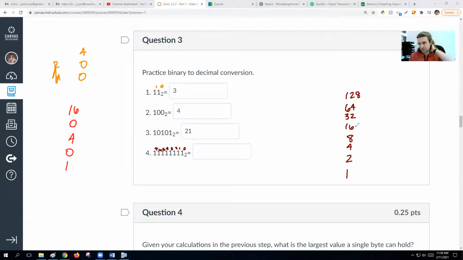So let's see, how much would that all be? 128 plus 32, what's that, 160? That's 224. Oh man, I'm already getting mixed up. We'll add that in there. Is this 255? I believe so.